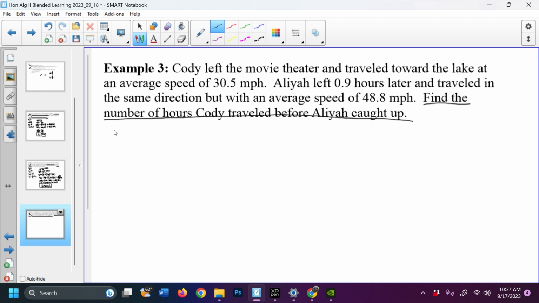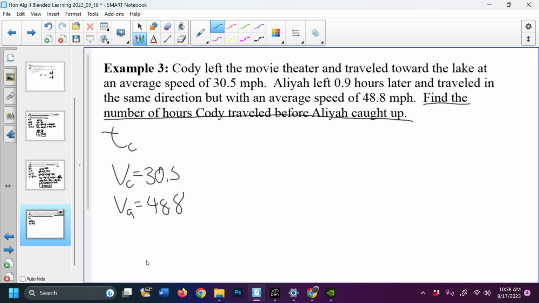So right off the bat, we're trying to find the time for Cody. Let's go through and figure out some of these things. Cody left the movie theater at an average speed of 30.5 miles per hour. So my velocity for Cody was 30.5. And my velocity for Aaliyah was 48.8.